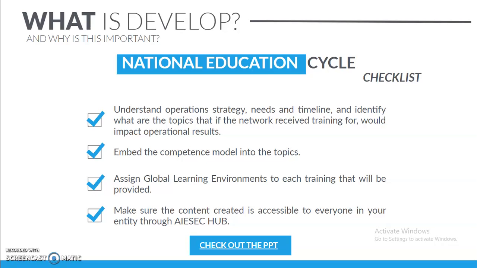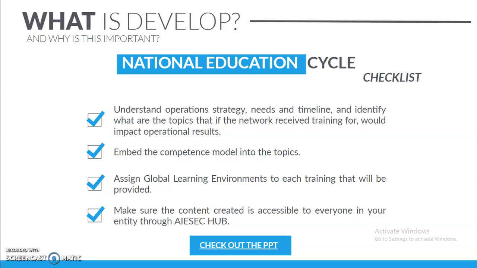But I assume that you already know that global learning environments can be, some of them are virtual, some of them are, for example, one-to-one or in conferences. But when you design the education for your LC, because you're not going to do national education cycle, you're going to work with local education cycle, make sure that you think of specific global learning environments that would fit a specific topic and make it easier to digest for your members.